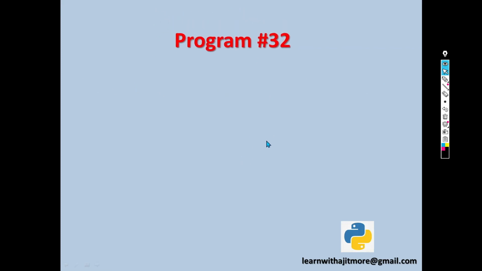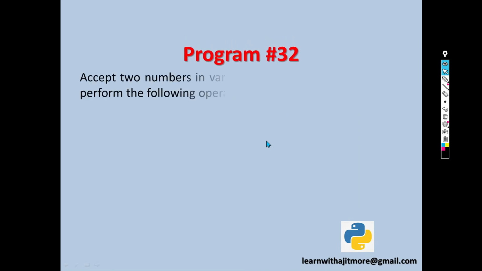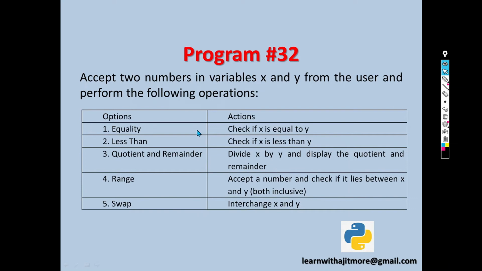Coming to problem number 32. Let's see what is there in problem number 32. We have to accept two numbers in variable x and y from the user, and we have to perform following operations. First we accept two numbers from the user, and then we will display one menu. In the menu, the first option is equality: we have to check whether x and y are equal.